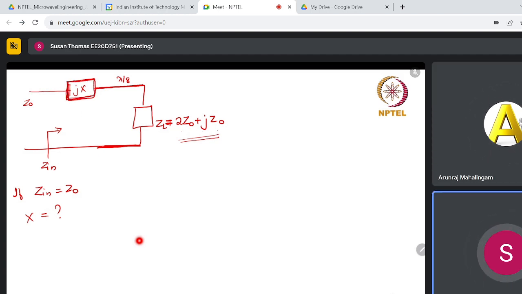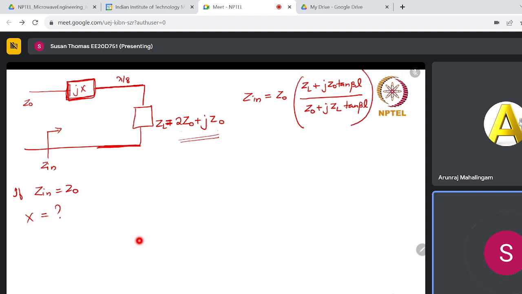So we can use the impedance transformation equation. We always write Zin equals Z0 into ZL plus JZ0 tan beta L, divided by Z0 plus JZL tan beta L. Remember when we write this equation: suppose you know there is a load ZL and a transmission line of length L, and this line has impedance Z0.